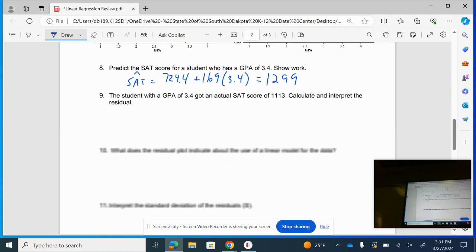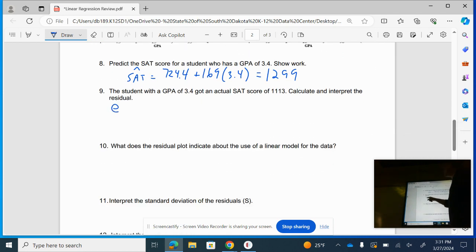Okay, so your residual formula is E equals Y minus Y hat. Remember, like with the formula for the z-score, you always subtract the mean. The line is the mean. So for a residual, you would take what the student actually did, 1,113, and subtract 1,299, because this is the prediction.